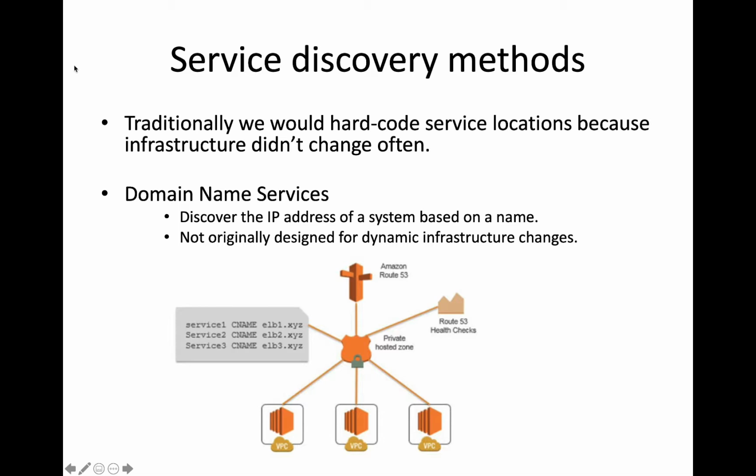We could call it database1.domainname.com, and we could plug that into our application configuration. And even if we change the IP address of the database server, as long as we updated that IP address in our DNS host file, then other services would be able to continue to find that database server, even though its IP address or even its location had changed.